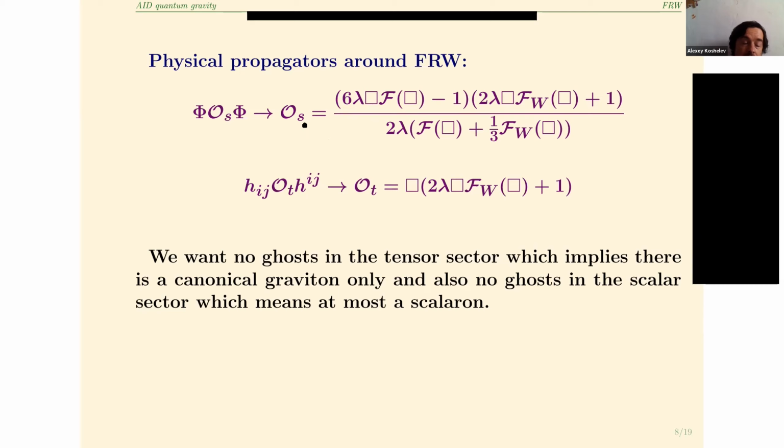And then I will see that if I do this in 1+3 decomposition, which is essential for studying cosmology, then tensors, now with respect to the three-dimensional symmetry group, and scalars acquire such non-trivial operators here, for O_S and O_T.